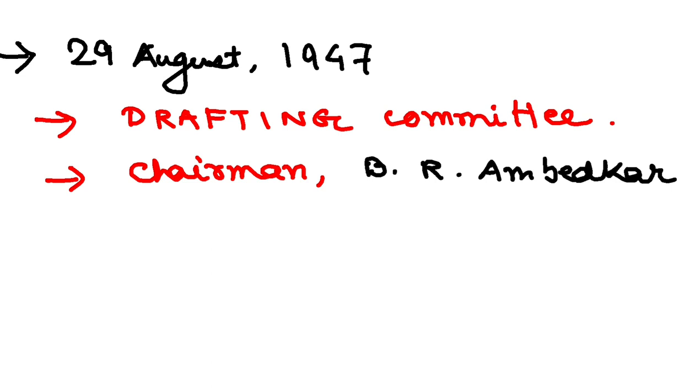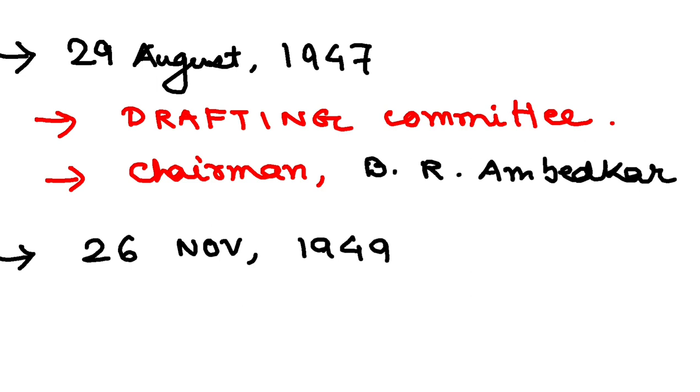Alright, so the Drafting Committee met for several meetings, and after that they put the draft copy of the Constitution on 26 November 1949, and this draft copy was signed by the then President, Dr. Rajendra Prasad.